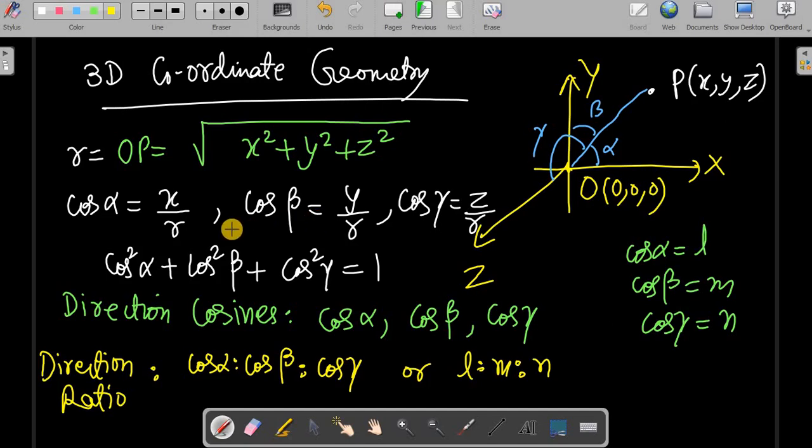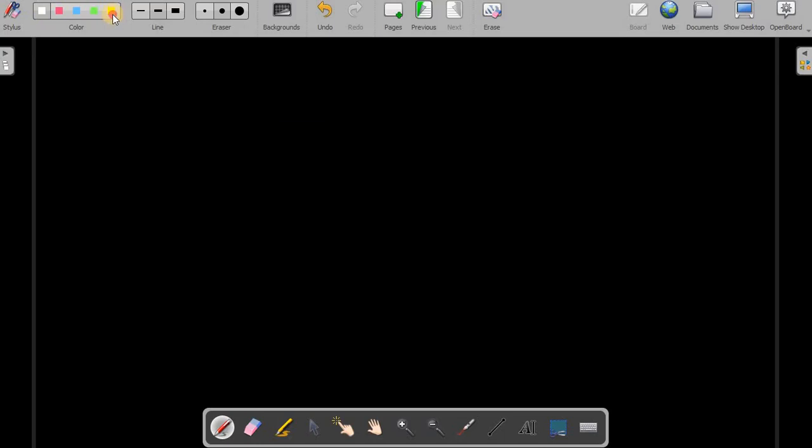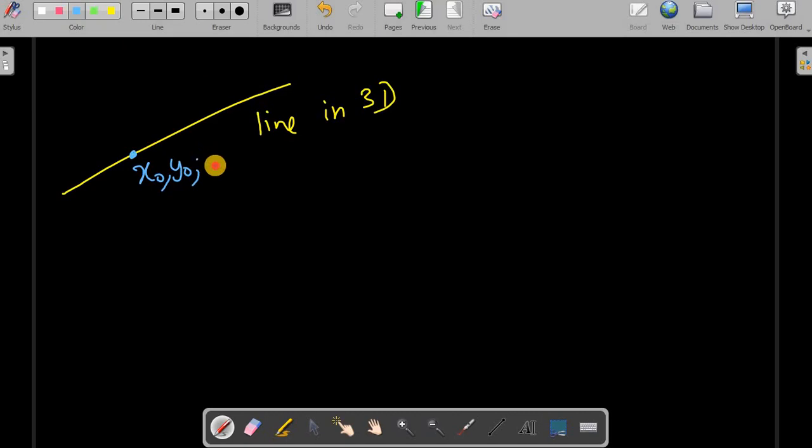Similarly, what is the general equation of a line in 3 dimensions? Suppose this is a line in 3 dimensions, and let's take any point here as x0, y0, z0. One point is given, and let's say any arbitrary point is x, y, z.